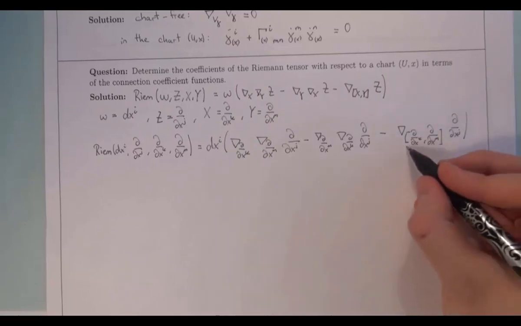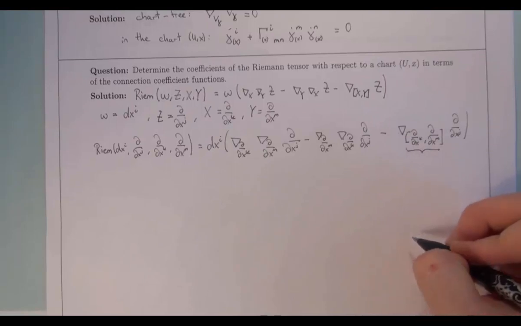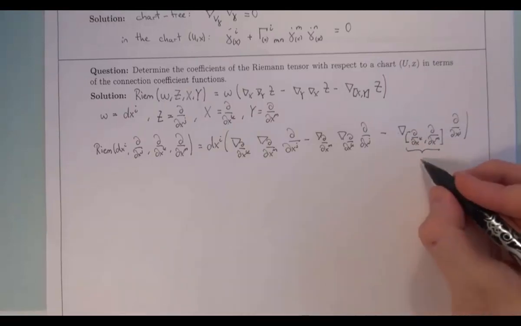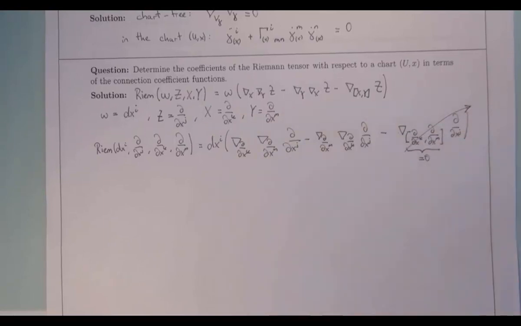We already showed in the lecture that for such a chart-induced basis, this commutator is 0 and this term drops out.